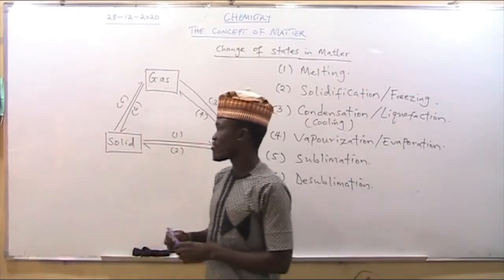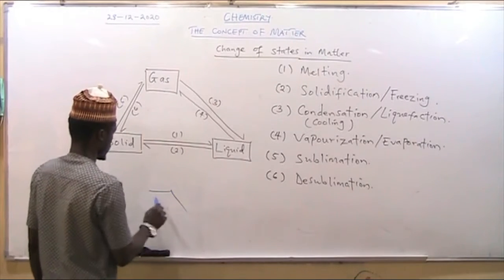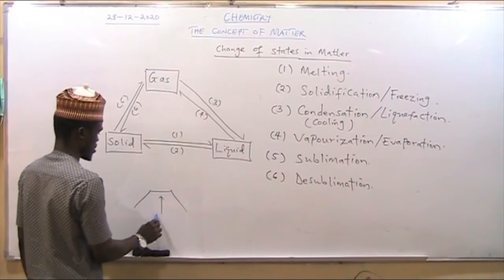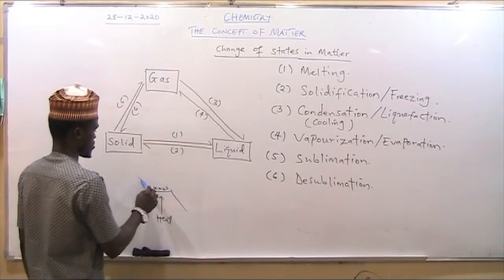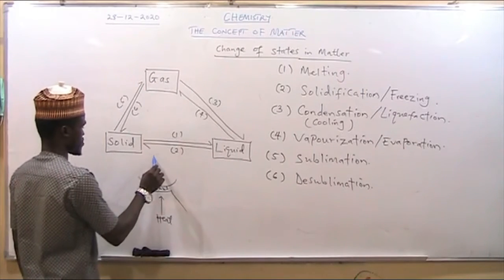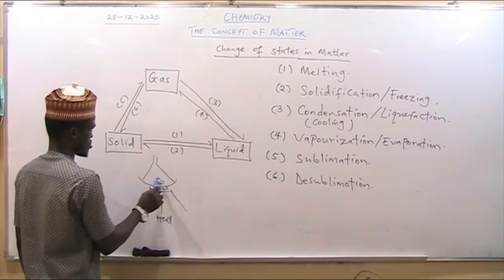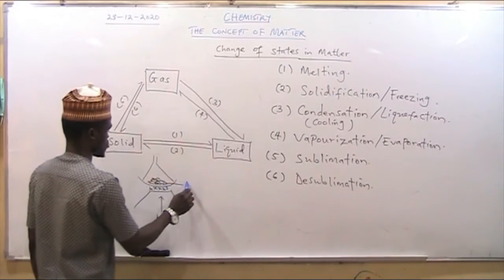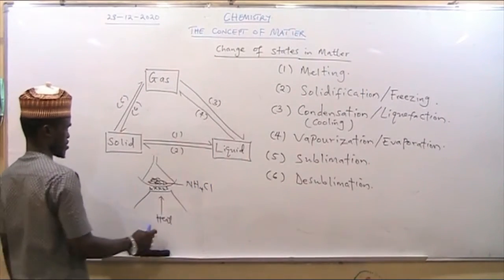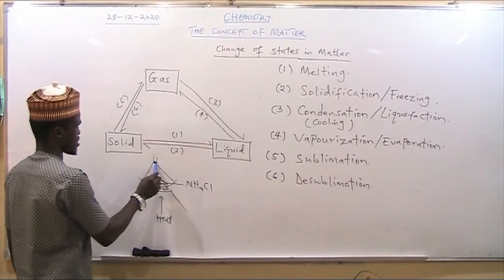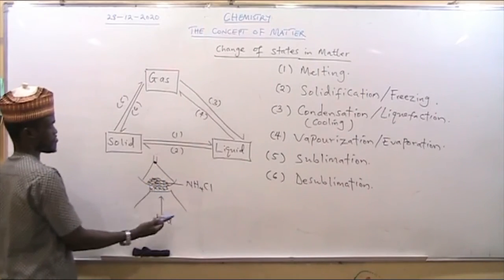You have your retort stand here, you apply the heat, and this is your wire gauze. Then you have this crucible, and an inverted funnel. You put the ammonium chloride here, and then you strongly heat. You cover this side with cotton wool to prevent the vapor from escaping.